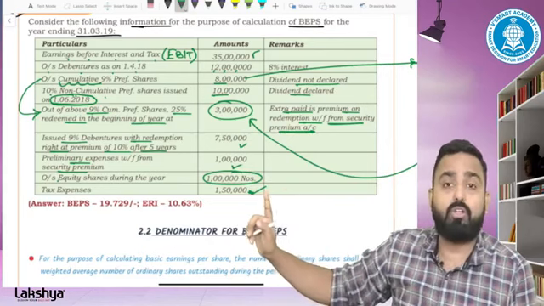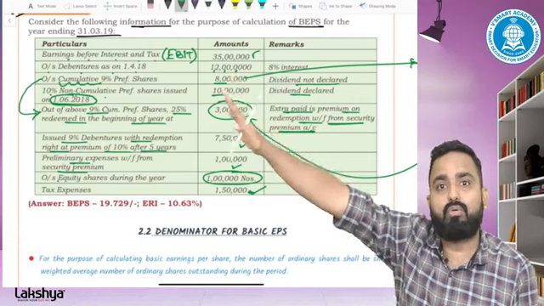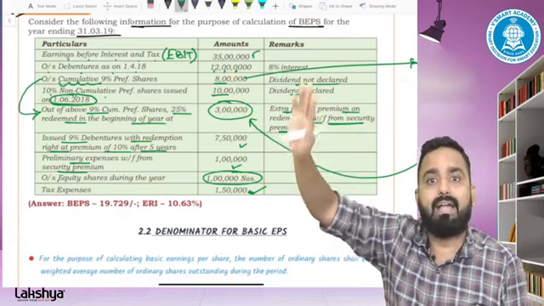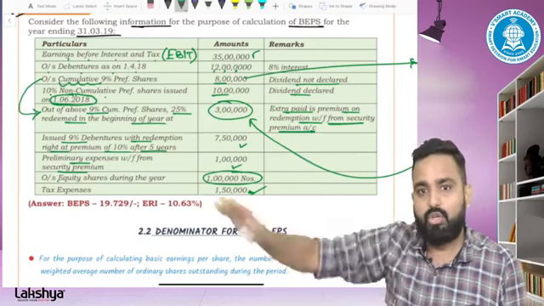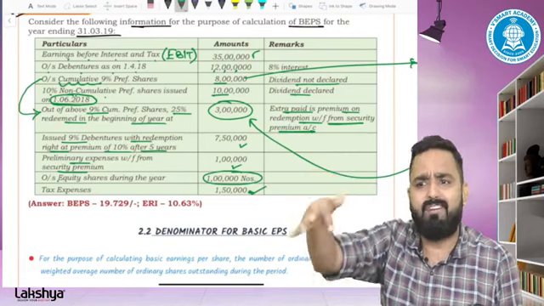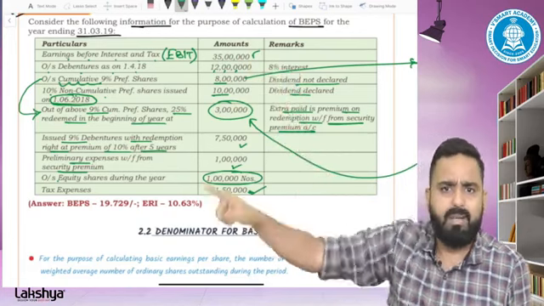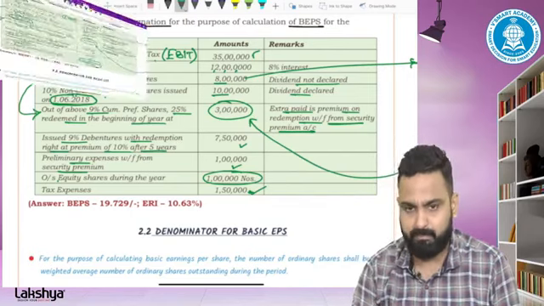The tax expense is also given. You need to calculate the earnings attributable to shareholders of the parent company. I am giving you 2-3 minutes to calculate the earnings roughly on a calculator. Please try to calculate it and I will discuss it further.